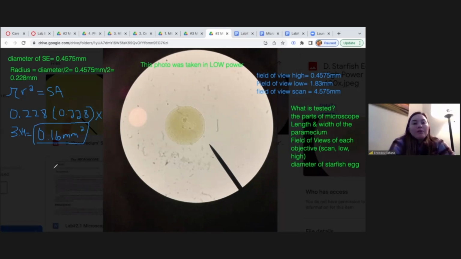Okay, so now that we have the surface area, you're going to multiply your surface area times, I think this is the way he's doing it, 0.1 millimeters. The instructions are in the packet, so let me go to the packet.